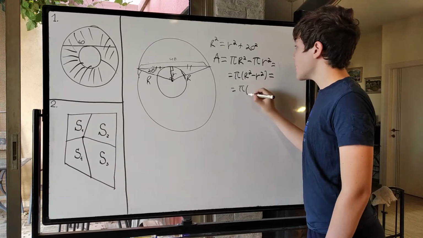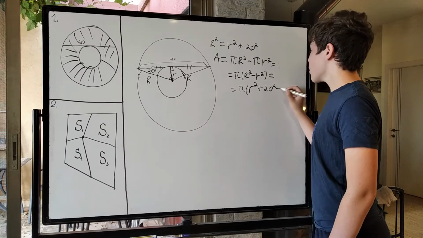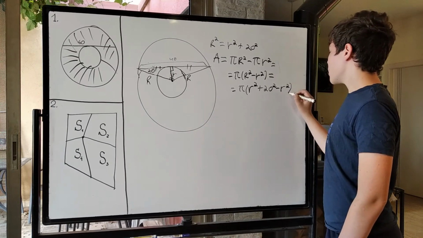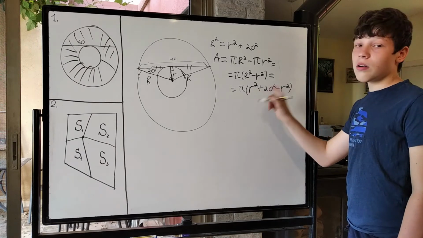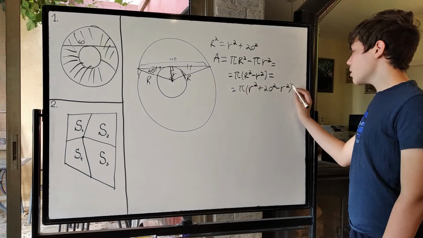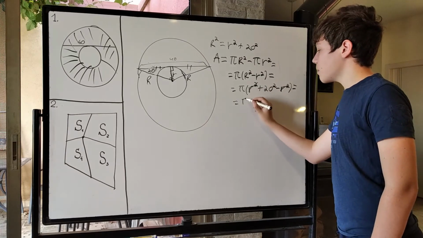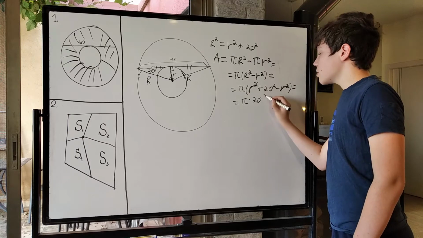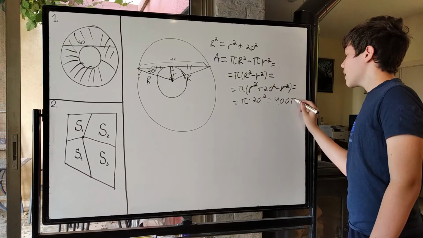So this is pi times (r squared plus 20 squared minus r squared). And now r squared minus r squared, these cancel out, and we get pi times 20 squared, which is 400 pi.